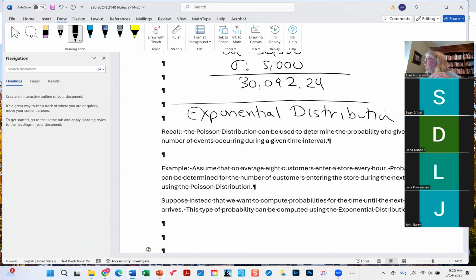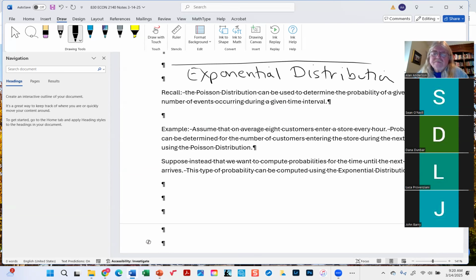The exponential distribution is not in your calculator. If you scan through that list of probability distributions, you won't find it. It's not there. So we have to do it ourselves, either using Excel or else we have to actually use the formula. In other words, we have to algebraically implement the formula.